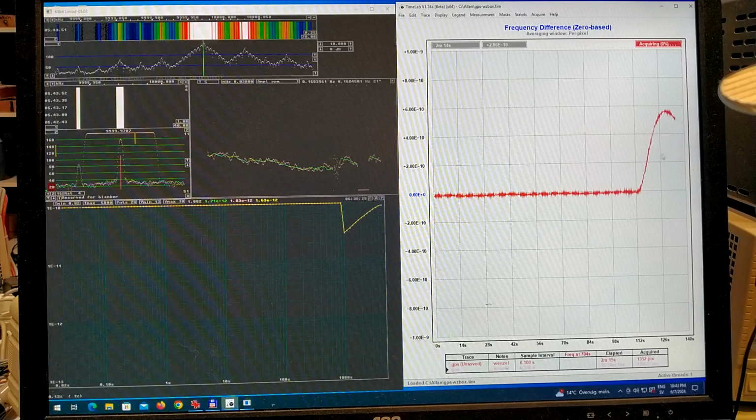And then the frequency makes a big jump in this scale. And that's rather interesting. That tells me why I had some problems with the previous power supply.